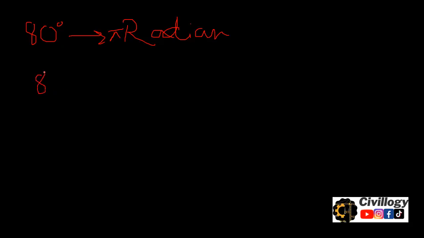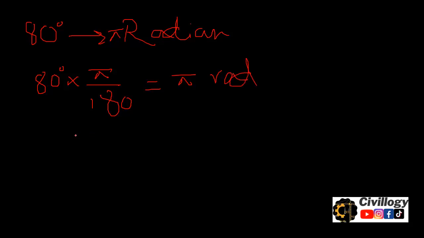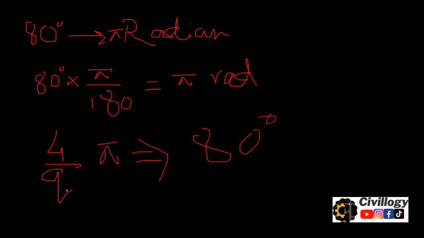To convert 80 degrees into radians, we will multiply it by this conversion factor: pi divided by 180 degrees. If we simplify this, we will get 4 divided by 9 pi. So 80 degrees is equal to 4 by 9 pi.